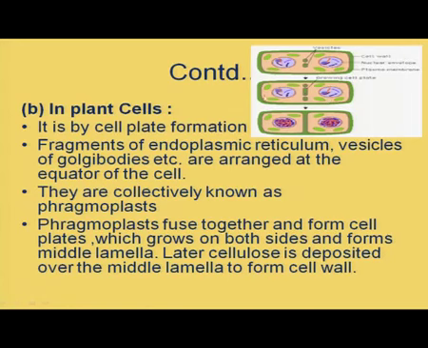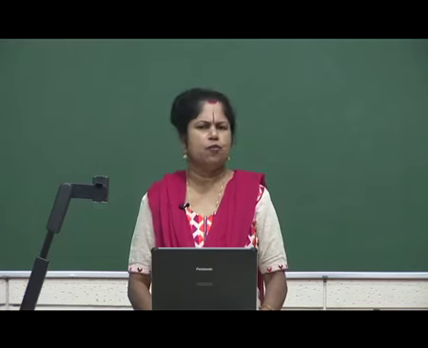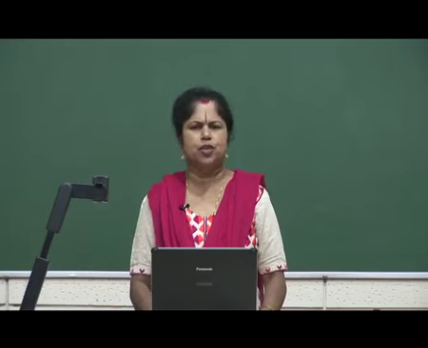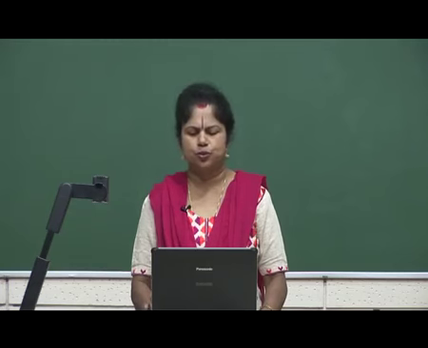Here you can see the same phenomenon of cytokinesis, but in the plant cell. So, in an animal cell it is by cell furrowing, invagination or furrow formation by the plasma membrane exactly at the center of the cell. The furrow deepens, meets together and divides the cytoplasm equally into two.